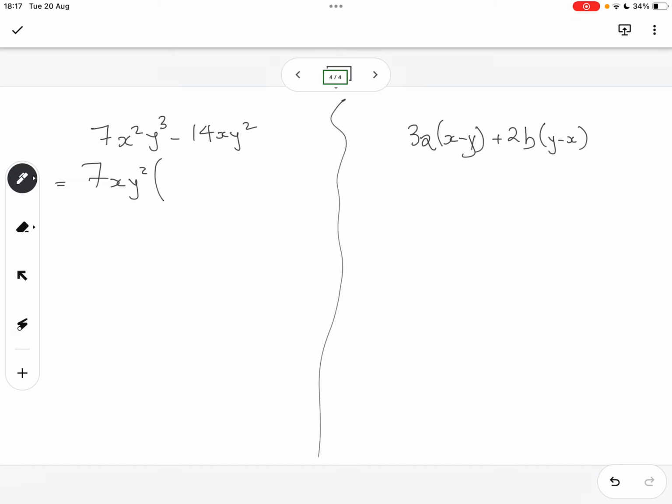Okay, let's try that. So we've taken out 7xy squared. Then what must I multiply 7xy squared with so that I can get 7x squared y cubed? When I multiply back into the bracket so that I get this term, what must I multiply this by?